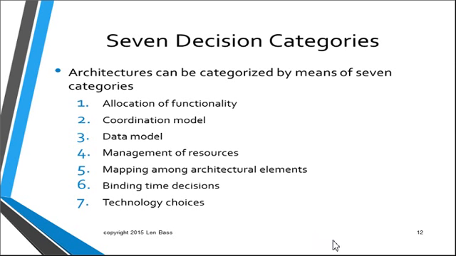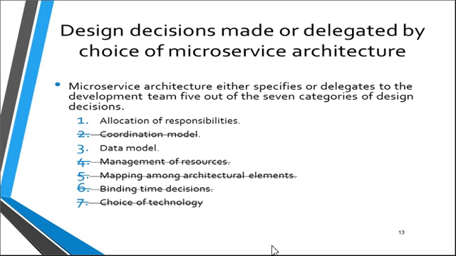So the 7 decision categories that come from software architecture in practice are allocation of functionality, the coordination model, the data model, management of resources, mapping among architectural elements, binding time decisions, and technology choices. And we'll see that the only two categories that need coordination as the system evolves are allocation of responsibilities and the data model.